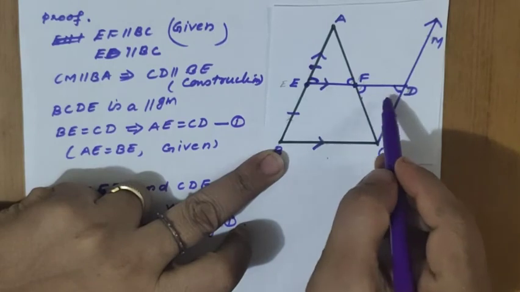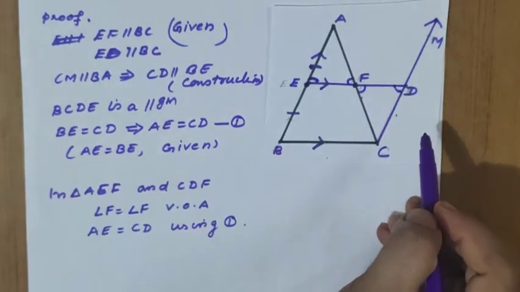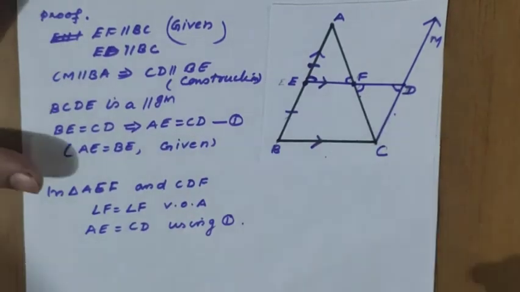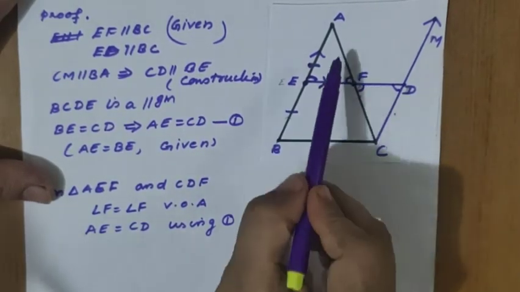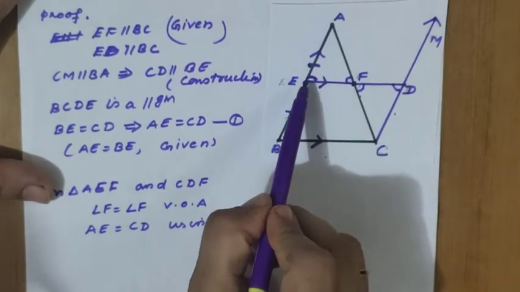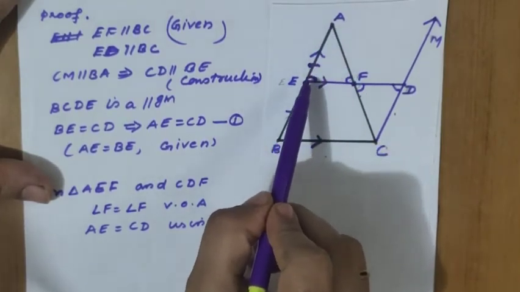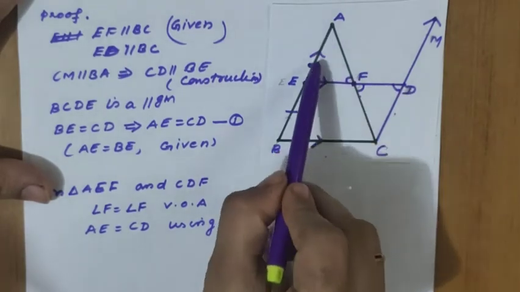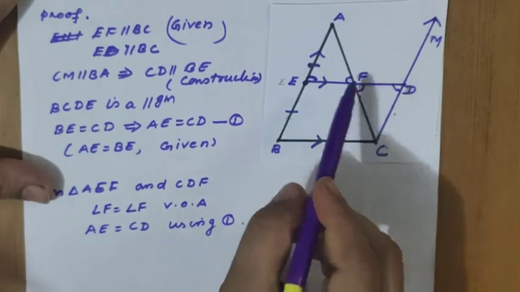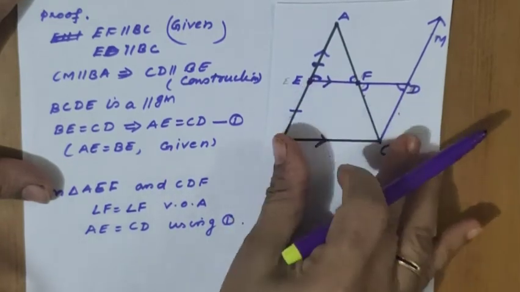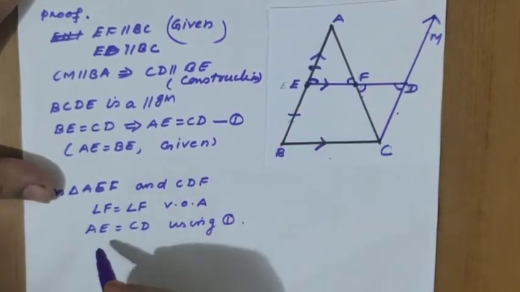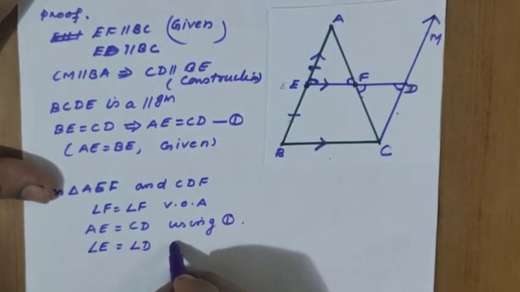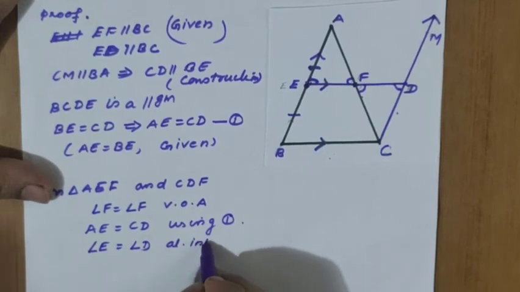So these two angles, angle E and angle D, are alternate interior angles. Let us see in the diagram where we get this. If I start from AE, we take this triangle AE and up to D, then C. So are you getting a Z shape there? So we are getting E and D as alternate interior angles. So we can write here angle E is equal to angle D, alternate interior angles.